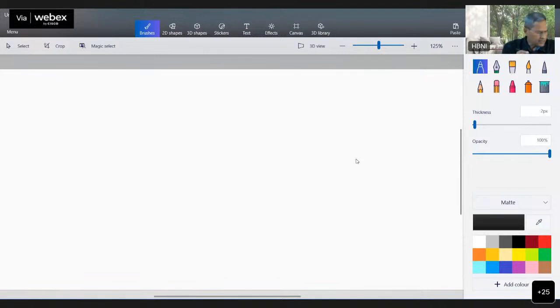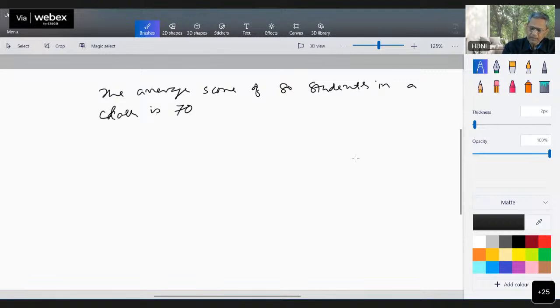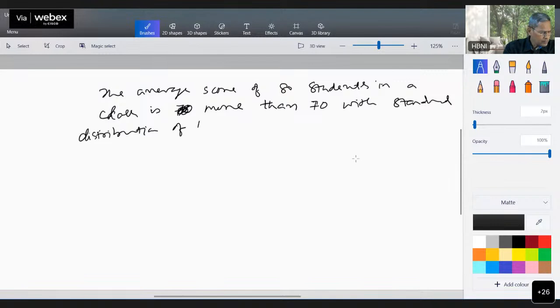Suppose in a class, the average score of 80 students in a class is more than 70, with a standard deviation of 10.